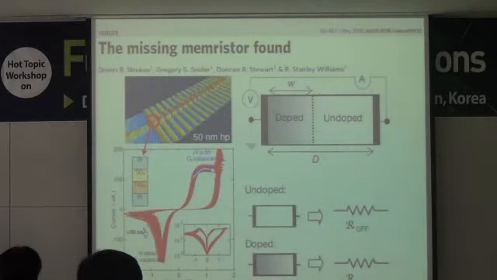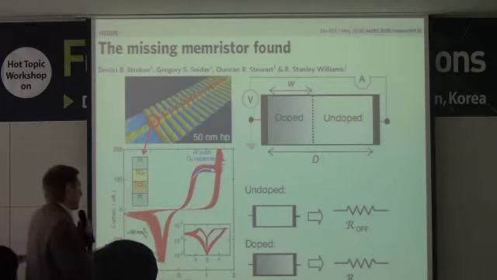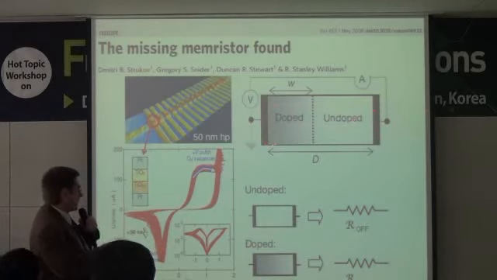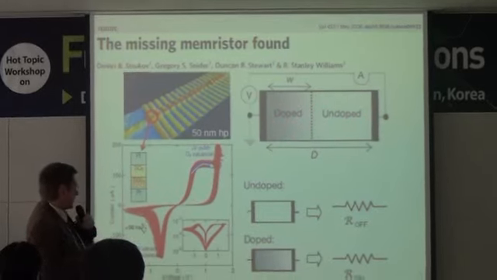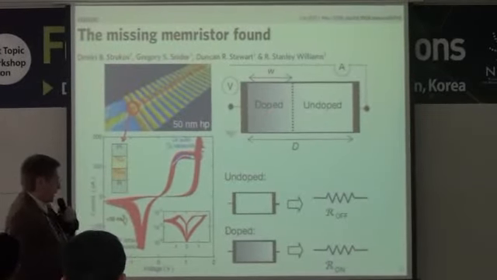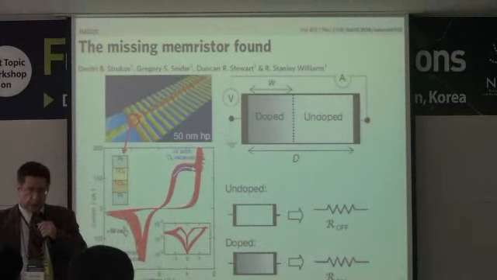We can use the original paper of HP to explain the function of the memristor. Again we have a box with some resistance, and there are two areas. One area is doped by oxygen ions, and the other area is undoped. The doped area has lower resistance than the undoped area.